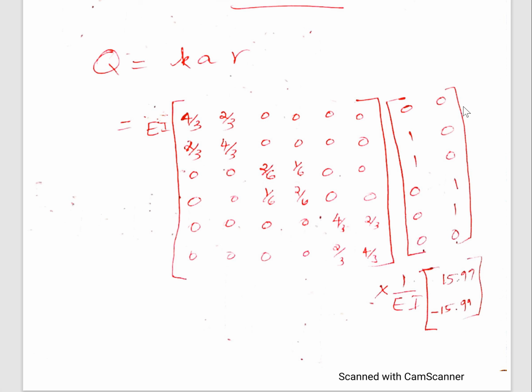And the fourth coordinate is 1 and the fifth coordinate is also 1, because both are coordinates at C. And the sixth coordinate will again be 0 because D is a fixed end. Multiply with the small r, which is the system displacement matrix obtained in the previous step.